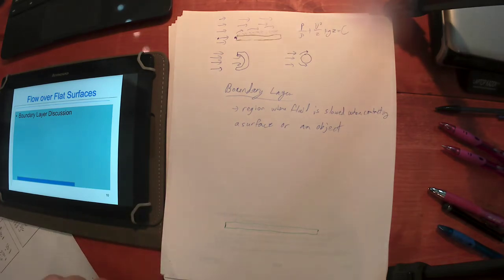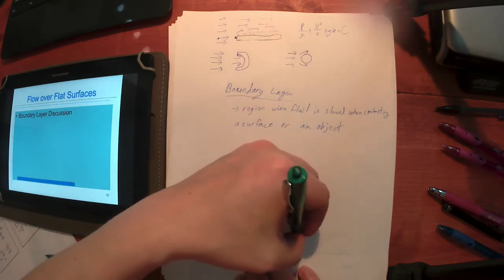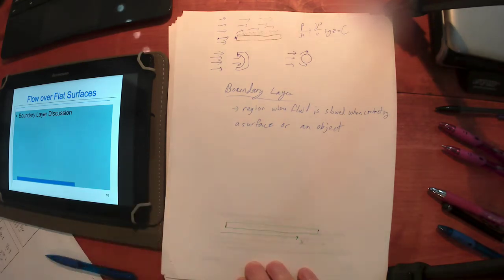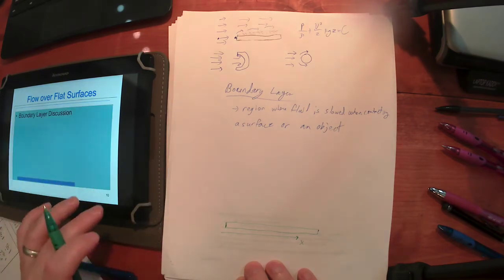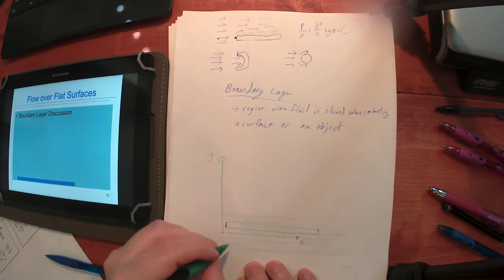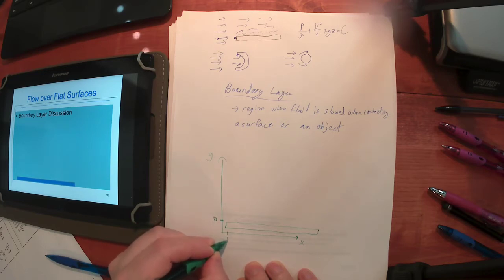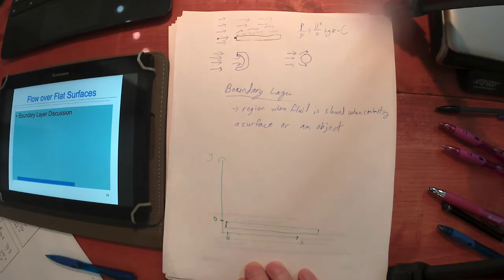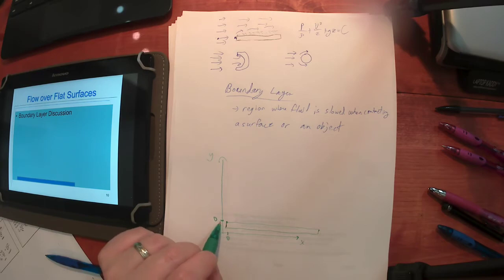Okay, and let's define the x direction as left to right, just like we would normally, and the y direction as the vertical. Pretty standard there. Let's say this is a y value of 0 and an x value of 0 right there at this corner of the plate. So this is y = 0 and this is x = 0.